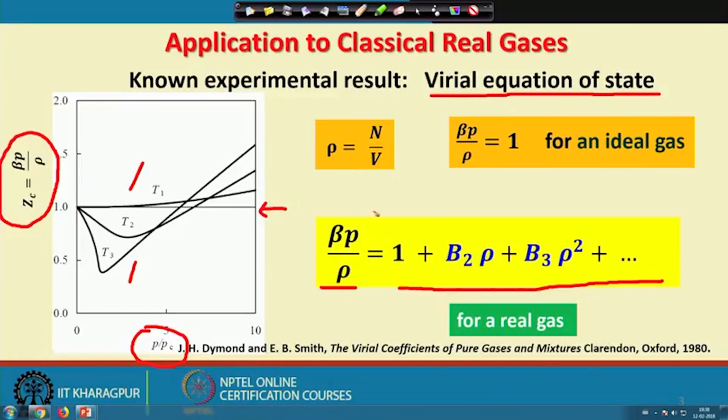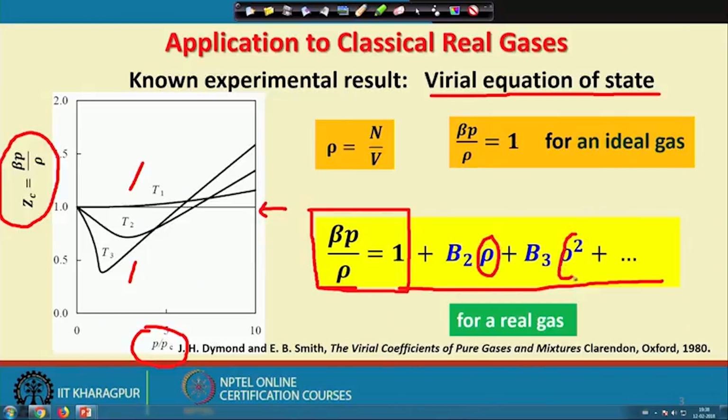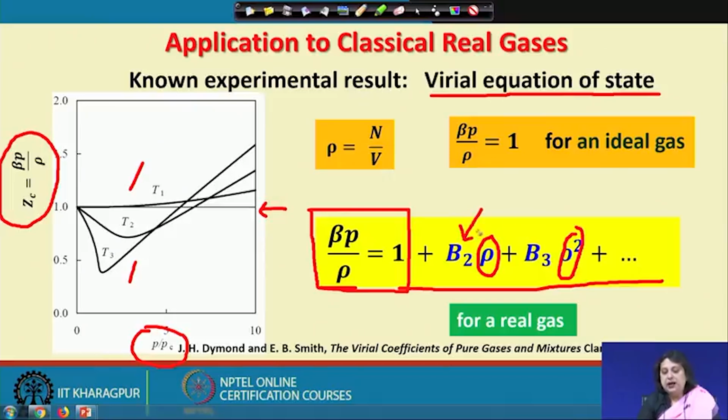This part describes the ideal gas behavior, and for real gases you have additional terms dependent on rho and rho squared. The coefficients B2 and B3 are known as the virial coefficients, and they reflect the deviation from ideal gas behavior.